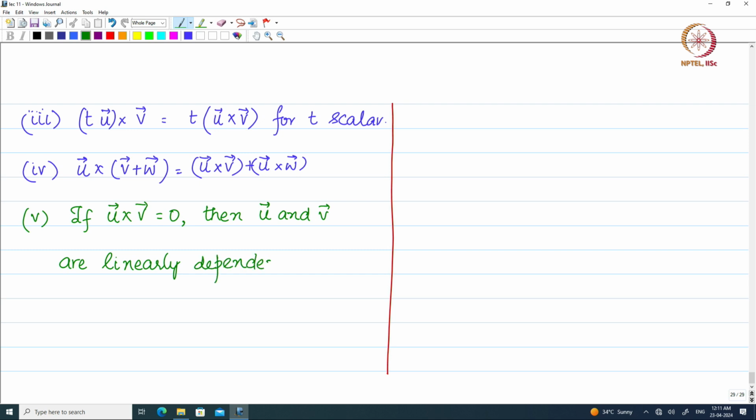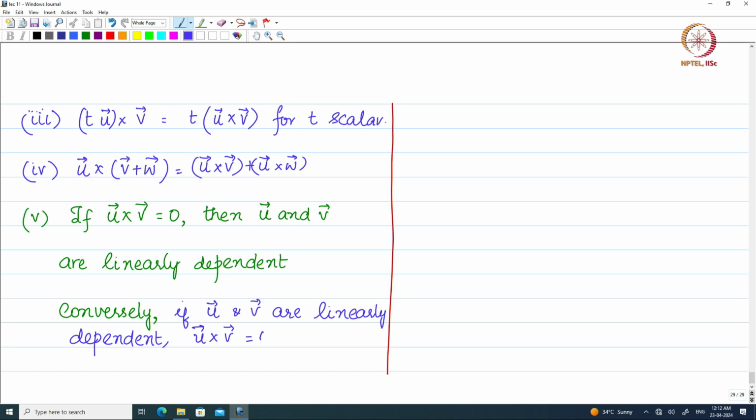And conversely, if u and v are linearly dependent, then u cross v is the 0 vector.